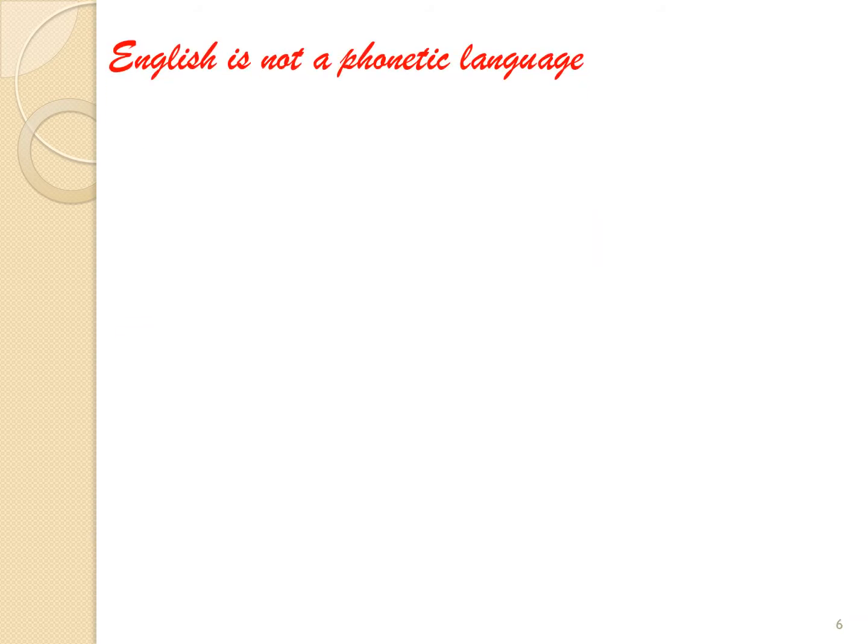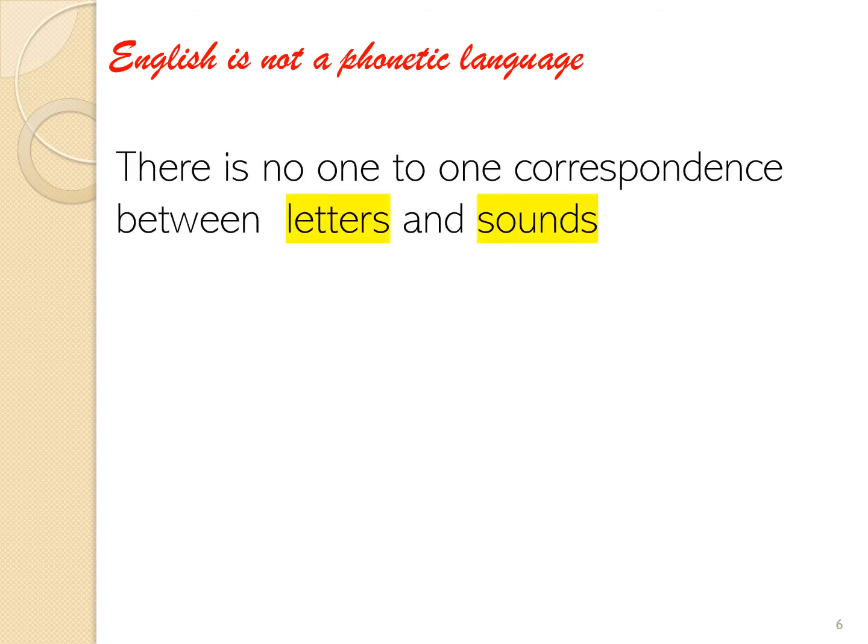This leads us to say that English is not a phonetic language. What does this mean? This means that there is no one-to-one correspondence between letters and sounds. In other words, the correspondence between letters and sounds is not always consistent.